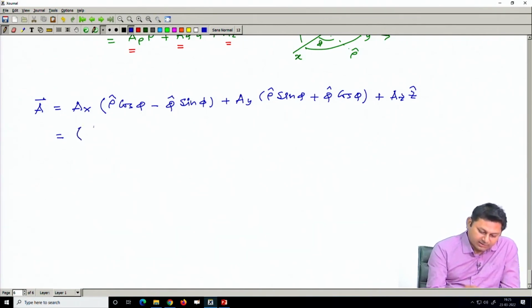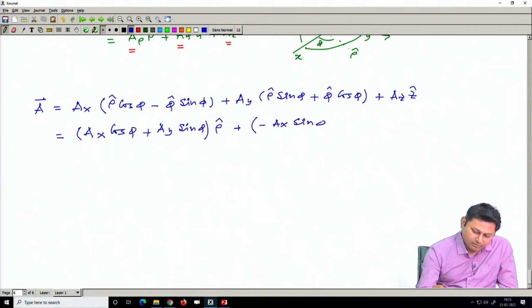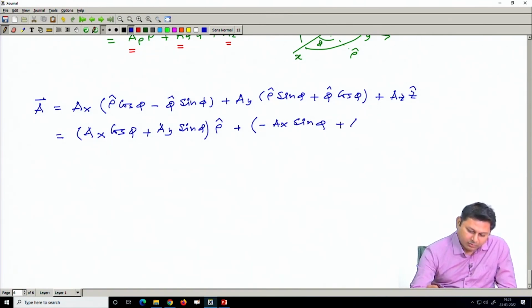If you do this, you get: A x cos phi plus A y sin phi with the rho unit vector, plus minus A x sin phi plus A y cos phi with the phi unit vector, and A z will simply be A z with the z unit vector.